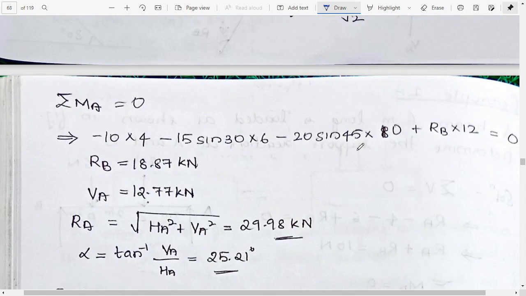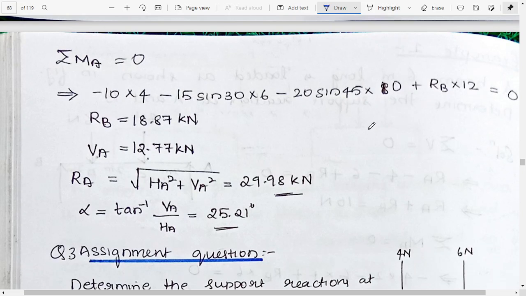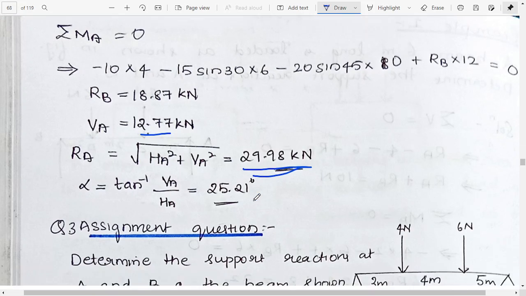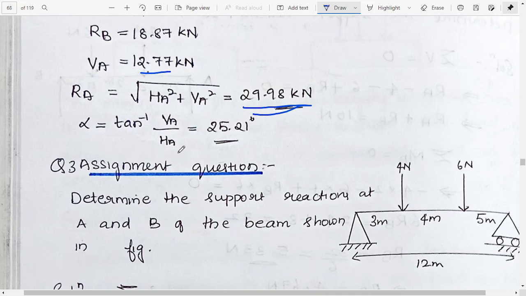Okay, so these are the moments, and if you are equating it to 0, we'll get the value of RB also. Then from RB we can find the value of VA. Now if we are getting VA also, now we can calculate the value of RA. From that we get RA to be equal to 29.898. Then we can calculate the alpha also.